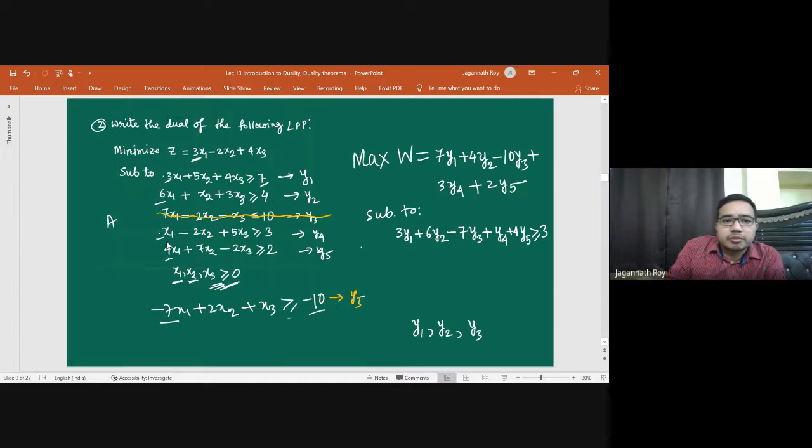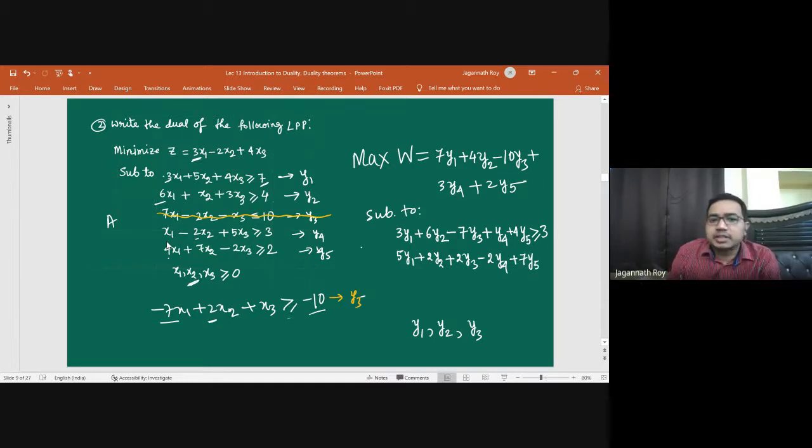So the second constraint will be 5y1 plus 2y2, this is plus again, plus 2y3, then minus 2y4, then plus 7y5.